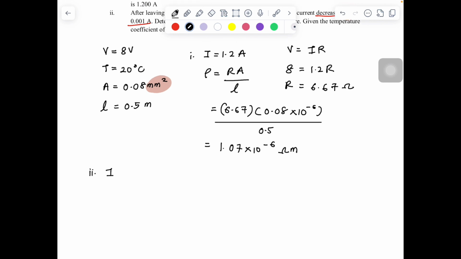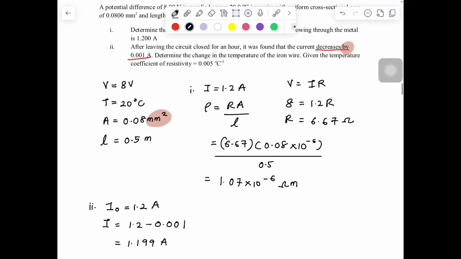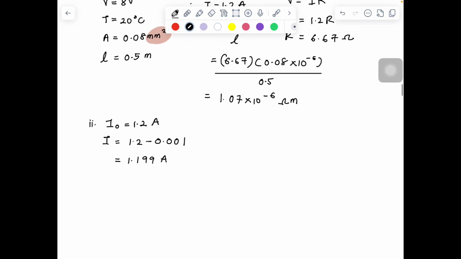So I initial, I'll put that as I naught, and then I final. Okay, selepas dia sudah tolak 1.2 tolak 0.001, so 1.199 ampere. Now we want to calculate the change in temperature, maksudnya delta T.